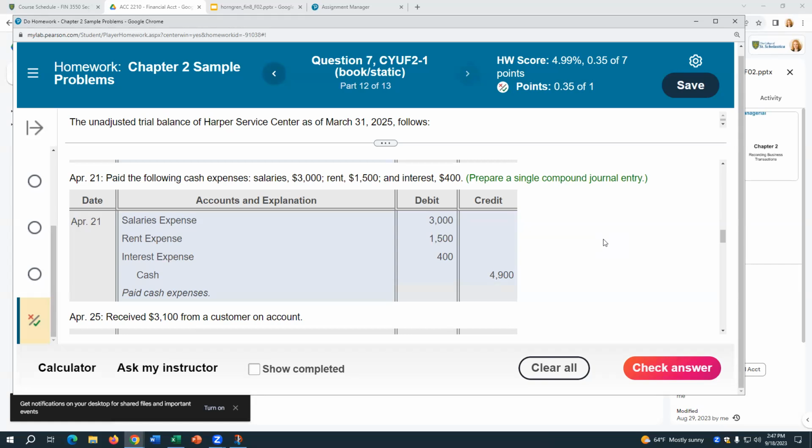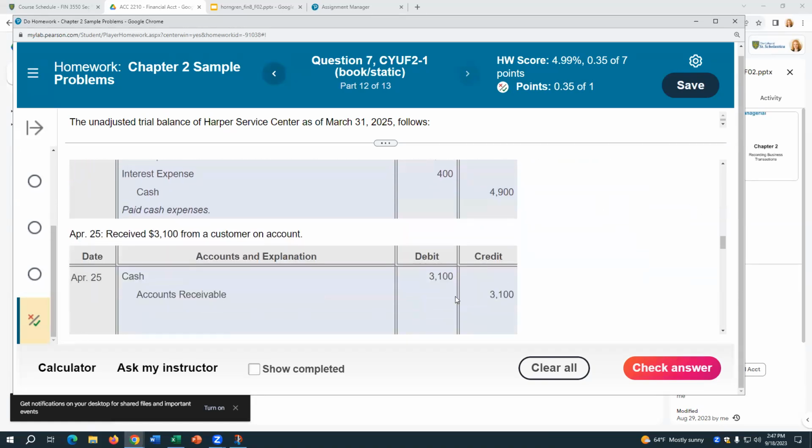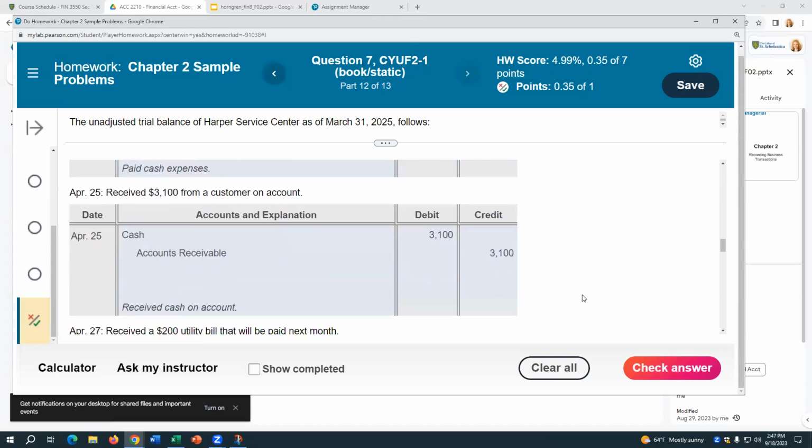So what we do is we record the debit to cash to show that they've paid us the $3,100, but then we credit accounts receivable where we parked that asset waiting for them to pay us. So we're moving it out of accounts receivable and into cash. And so that was received cash on account.